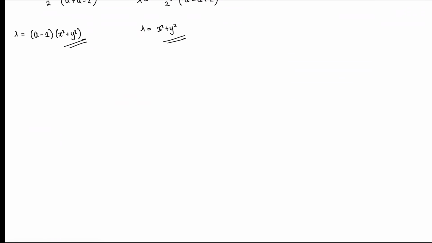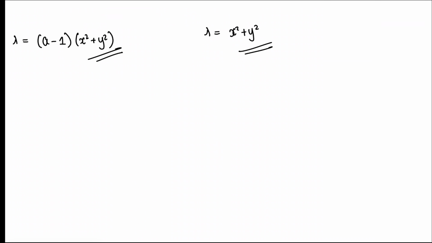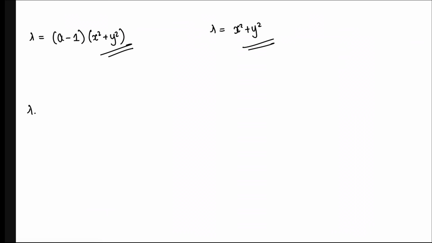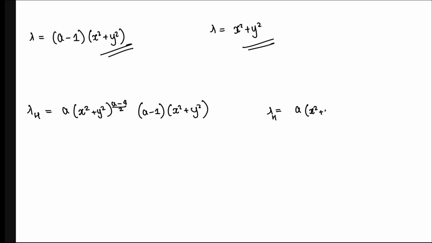So if we go ahead and do that, our eigenvalue of the Hessian now will be a (x squared plus y squared) to the power of (a minus 4) divided by 2, times (a minus 1)(x squared plus y squared). And if we do the same for this second eigenvalue, we will get a (x squared plus y squared) to the power of (a minus 2) over 2.